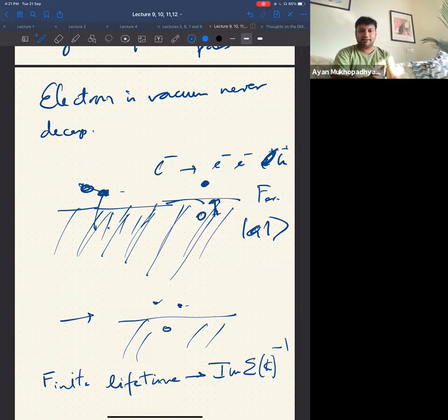If you have studied the Boltzmann equation at some level, this relaxation time now depends on the momentum. It's a momentum dependent relaxation time. So if you have seen the Boltzmann equation in the relaxation time approximation, this is what gives us the relaxation time.